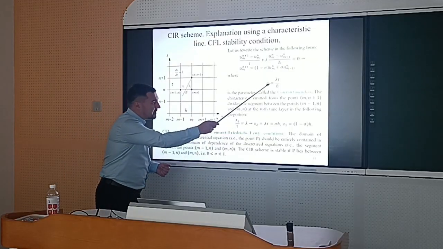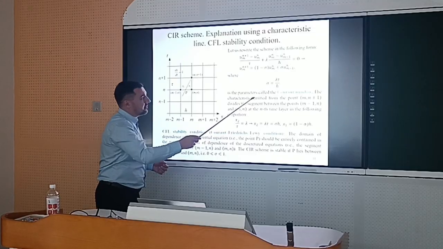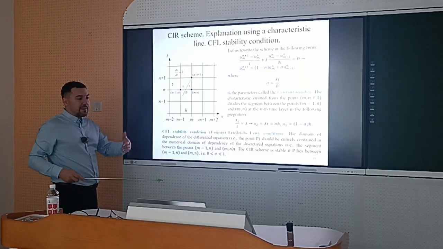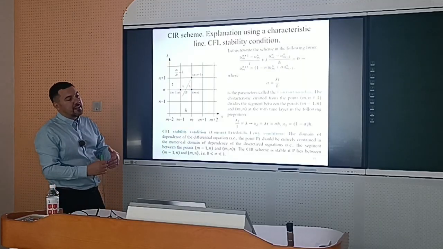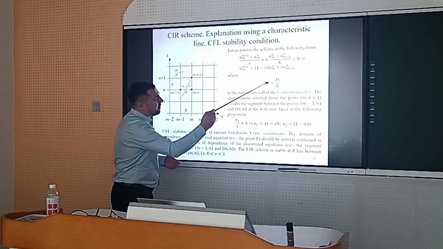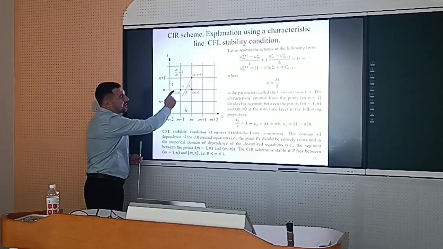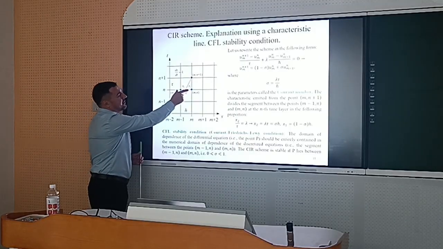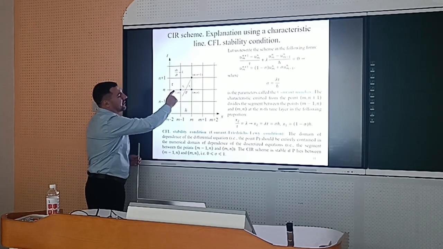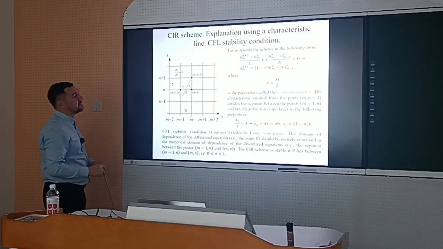From this consideration, the time step should be sigma h over lambda. So it should be proportional to sigma. Your time step cannot be arbitrary. h over lambda is the time necessary for your wave to propagate the length of one computational mesh cell, and this coefficient is sigma.